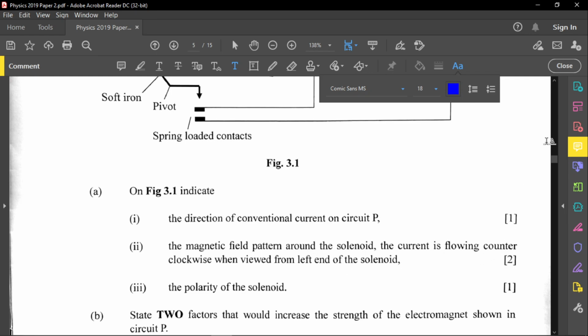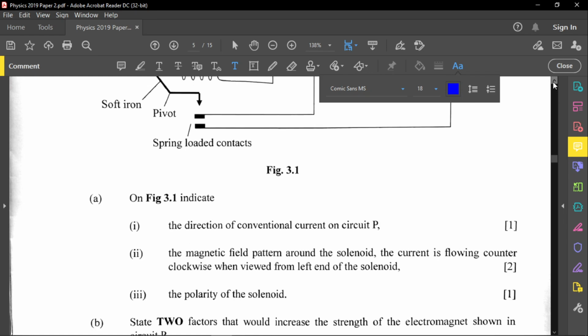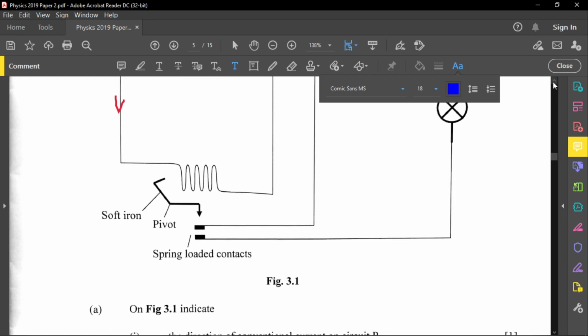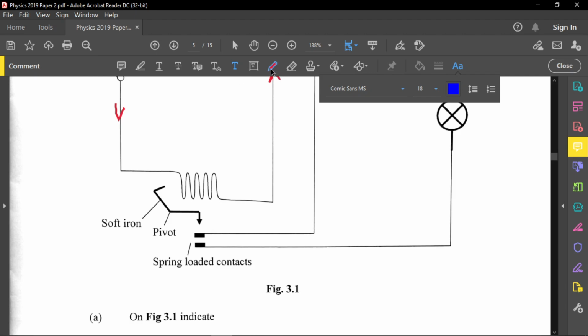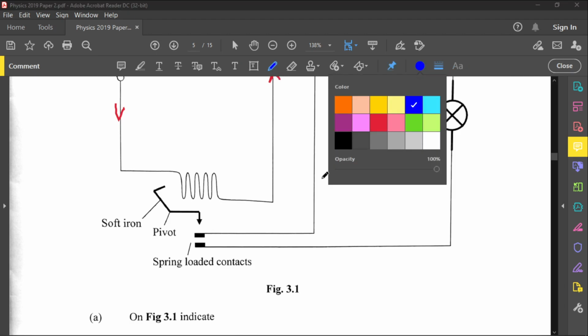Let's put this in blue, so I don't want this to be confused with anything else. What you need to know about the conventional current will help us in terms of the direction of the magnetic field as well.